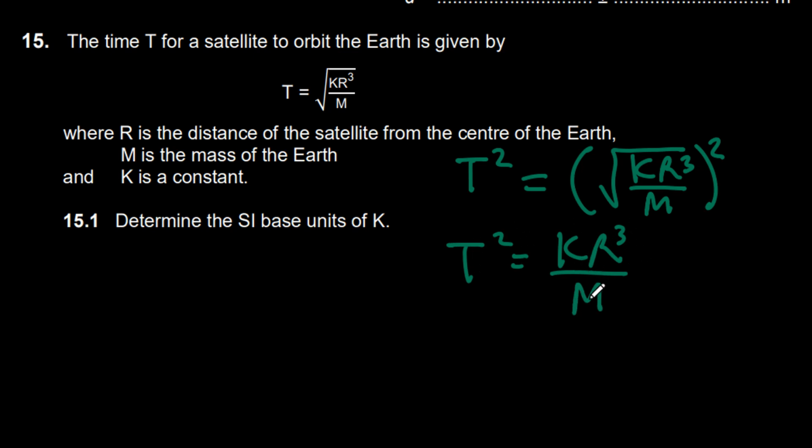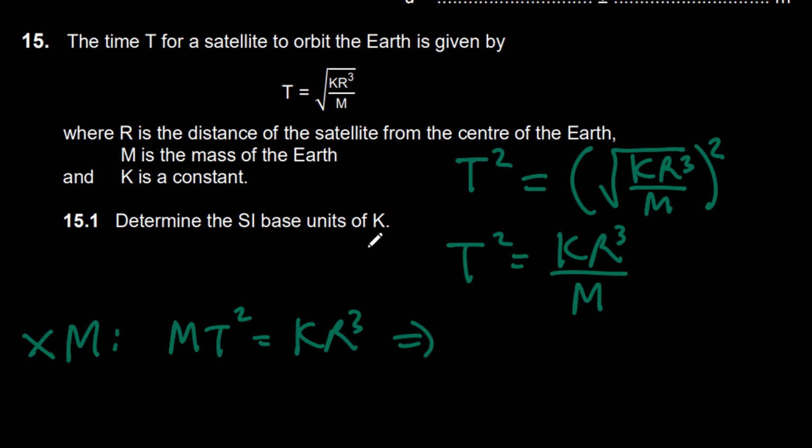Now we can get rid of the fraction here by multiplying both sides by m. We want the SI base units of k, so we want to isolate k, and we can divide the r cubed into the mt squared.